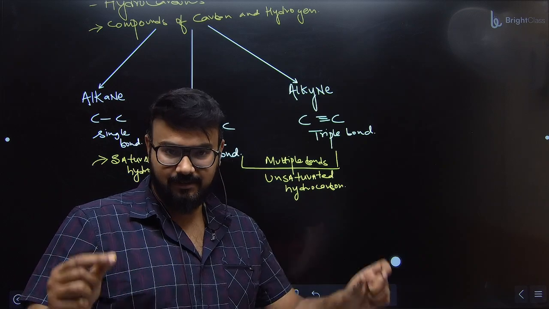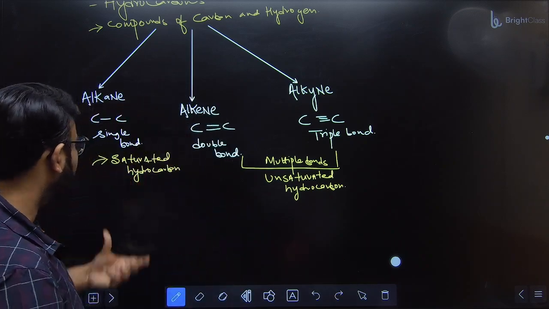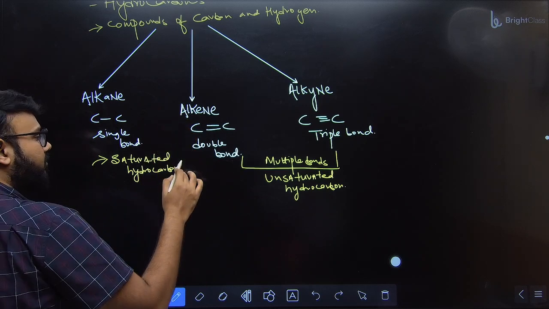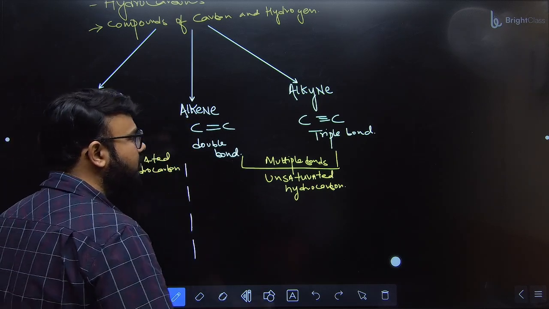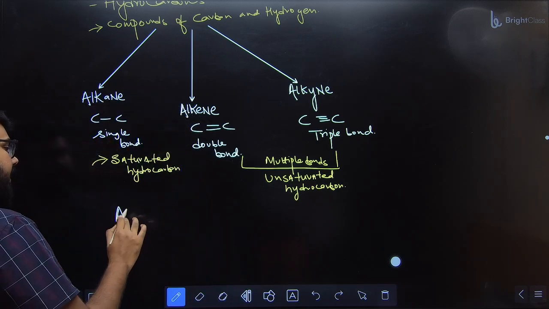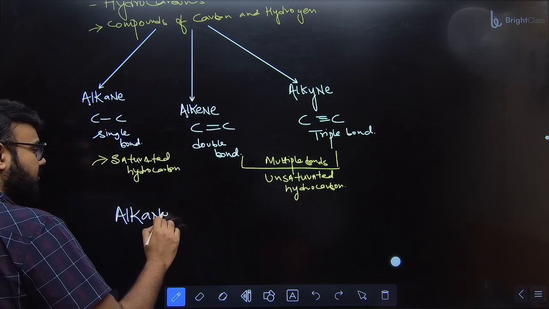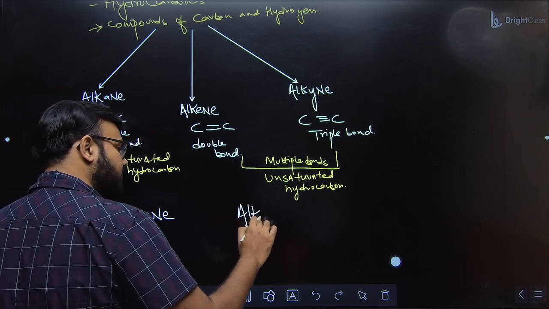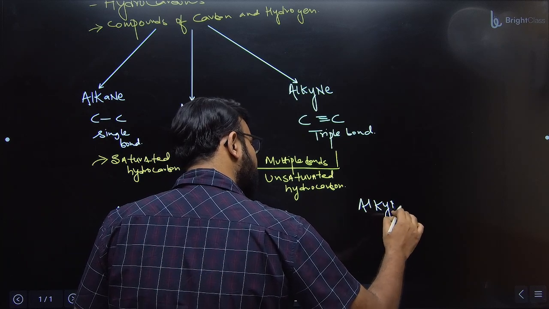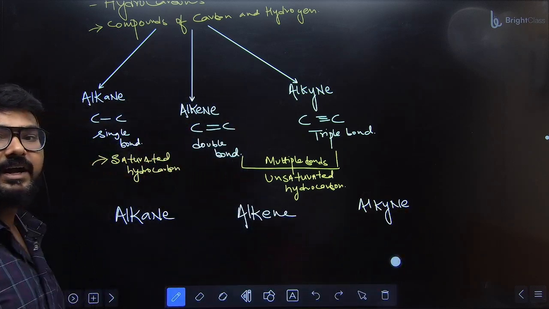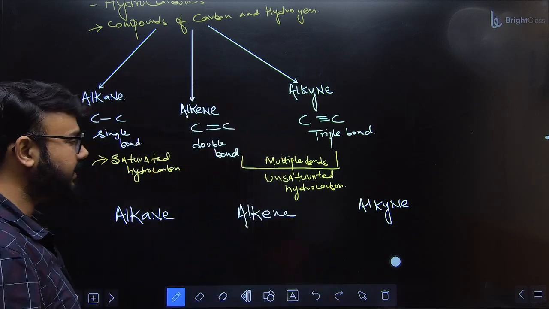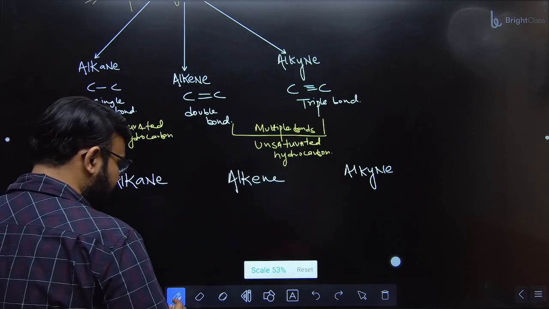Now understand what you need to know. They are identified by some special formulas. So I will write it here: alkane, alkene, and alkyne.